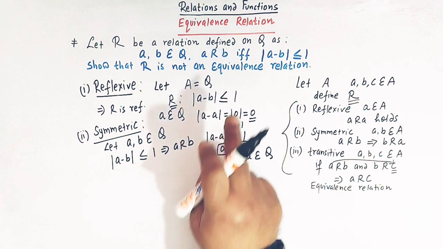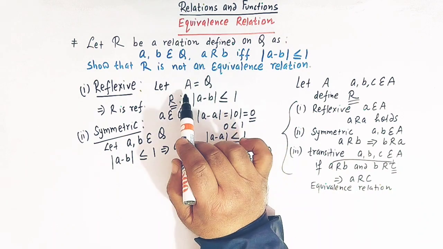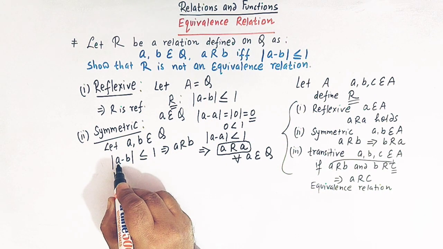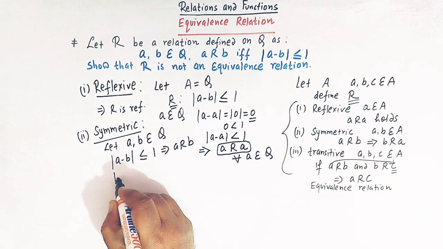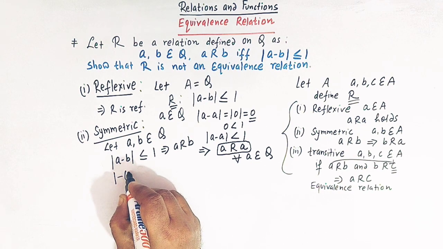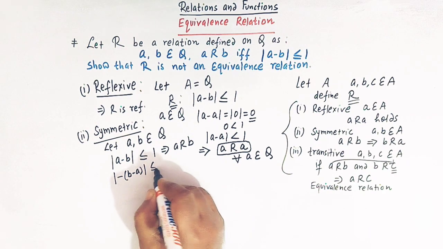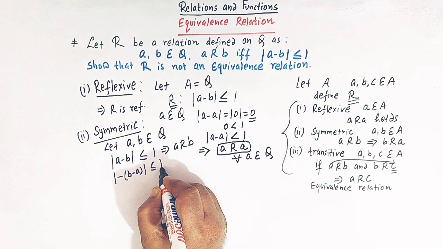Which is our definition of relation R, right? Now if we take negative sign common from A minus B, then we have negative of B minus A here, and we can write less than or equal to 1.